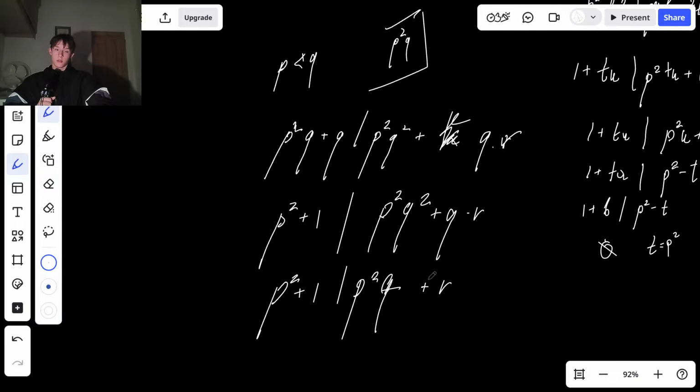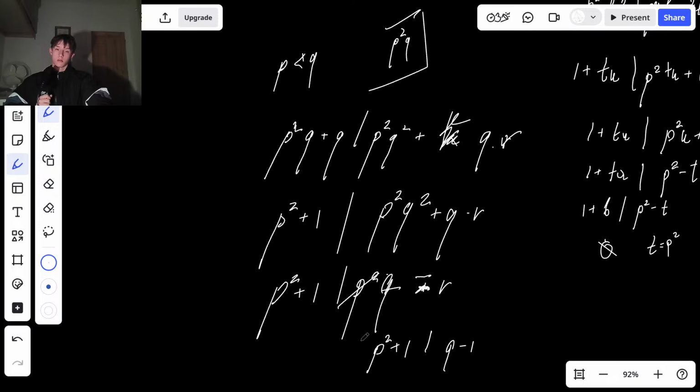So r can't be q. It's not divisible by q squared. And we know that this thing is equivalent to q minus r. And q minus 1 is not divisible by p. So q minus 1 divisible by p squared plus 1.